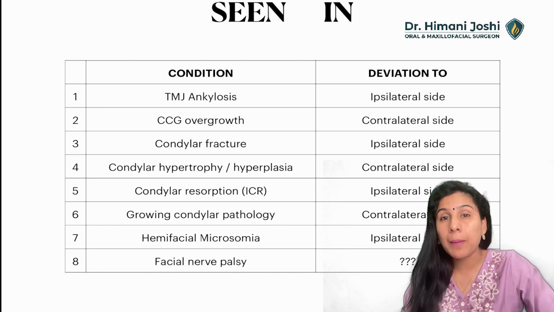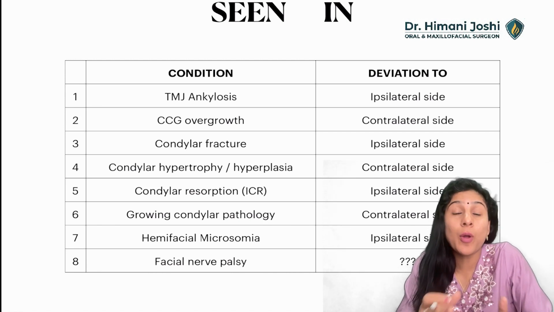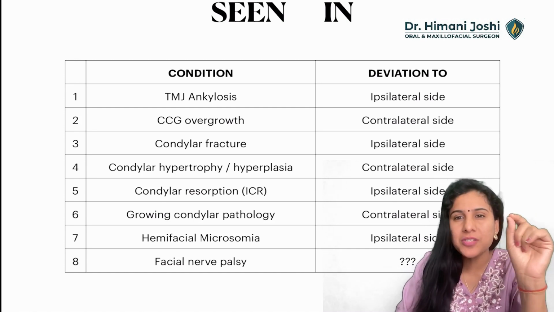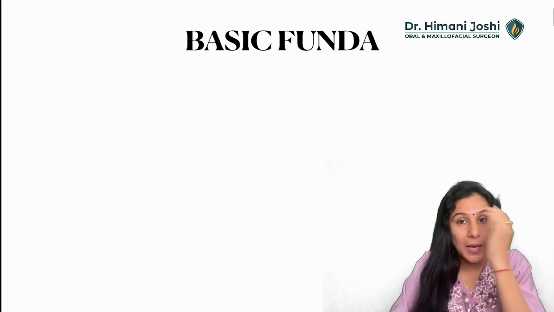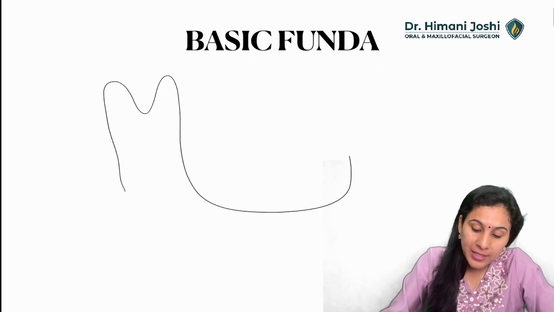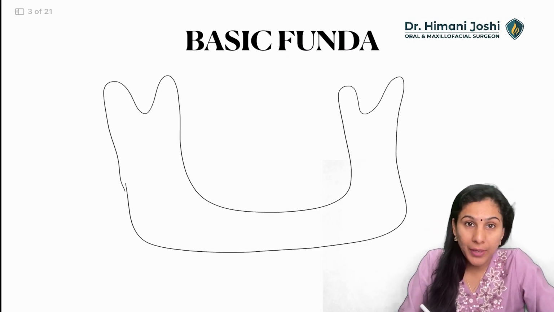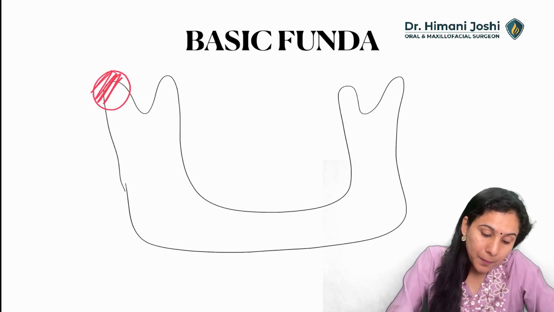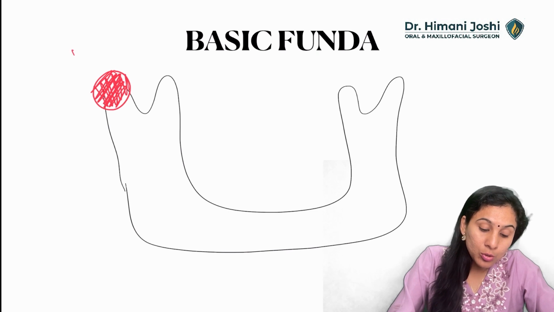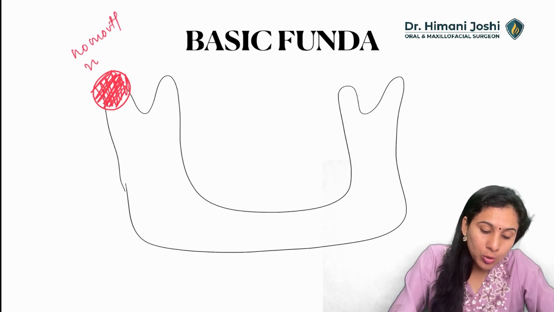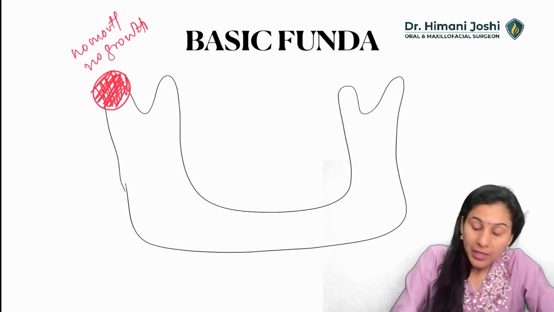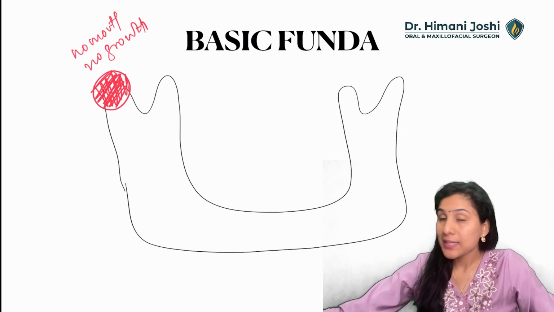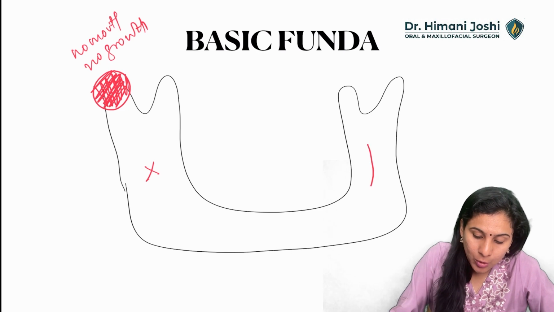Now, how do you remember which side is going to be deviated? No marking up, just straightforward basic funda. Just remember one basic funda. If this is the mandible, and there is a condition causing no movement or no growth of one side, that means the other side is growing.